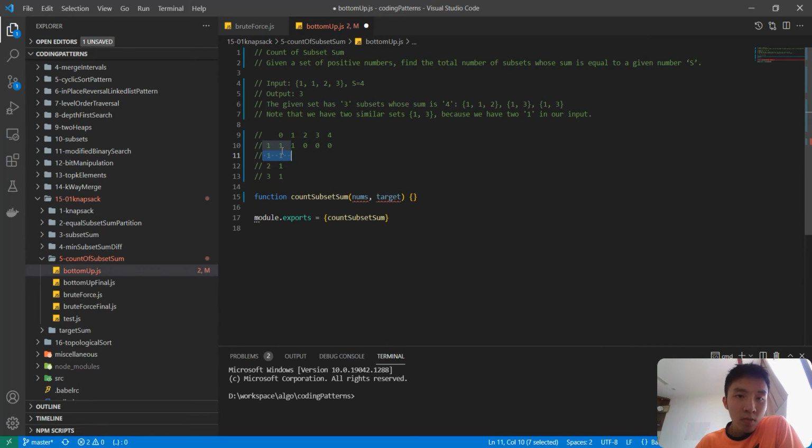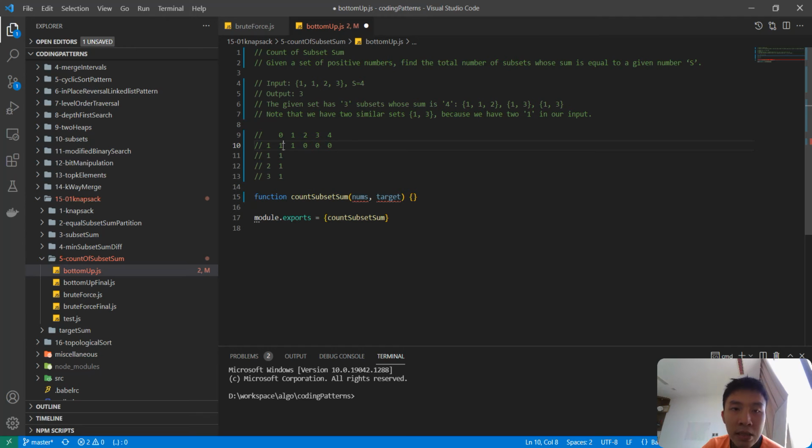Our sub question would be how many subsets can we find that sum up to 0 using this given input, which is 1. So the answer is 1.